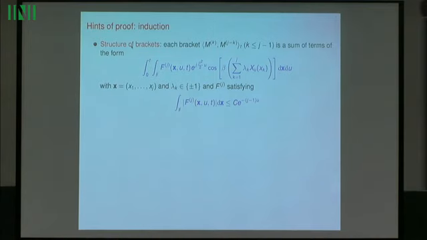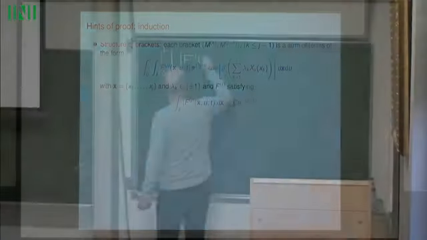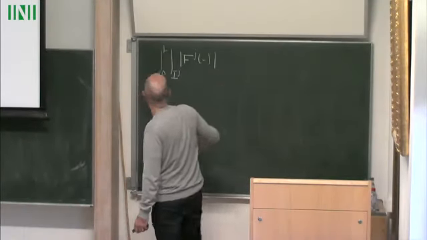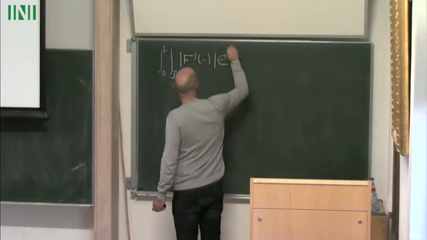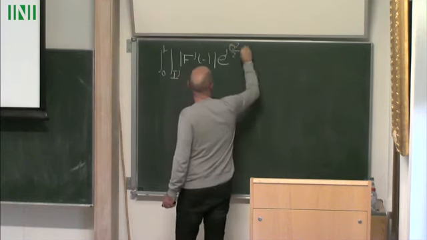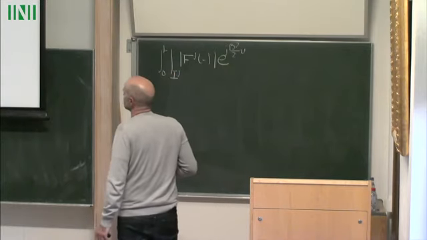And why is it enough for what we want? Well, let's find a bound for this quantity here, admitting that this is true. So if you look at this integral, we have an integral over I to the power g, exponential of u times the cos.